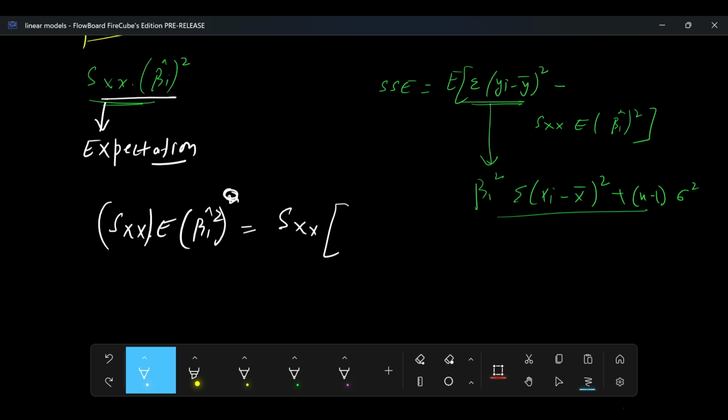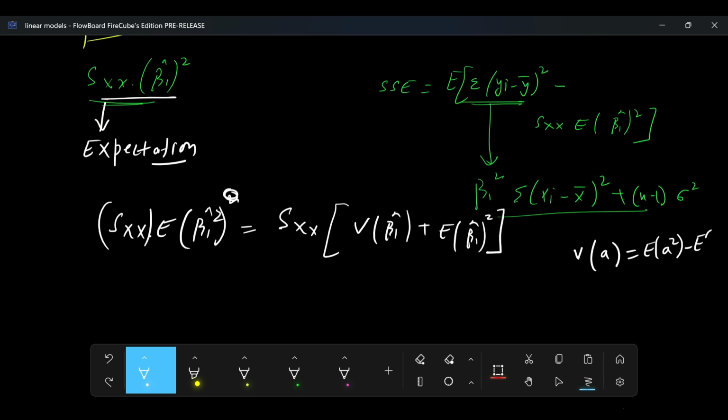So this is variance of beta1 hat plus expectation of beta1 hat square. Clear? As you know, variance of A, if A is a random variable, is expectation of A square minus expectation of A whole square. So expectation of A square is equal to variance of A plus expectation of A whole square.